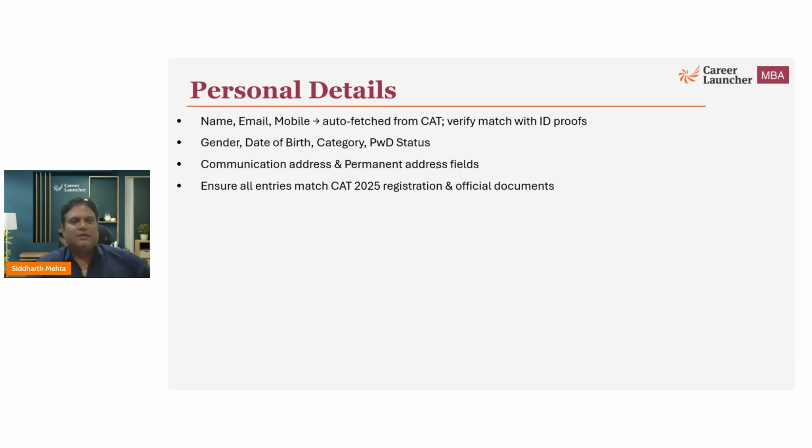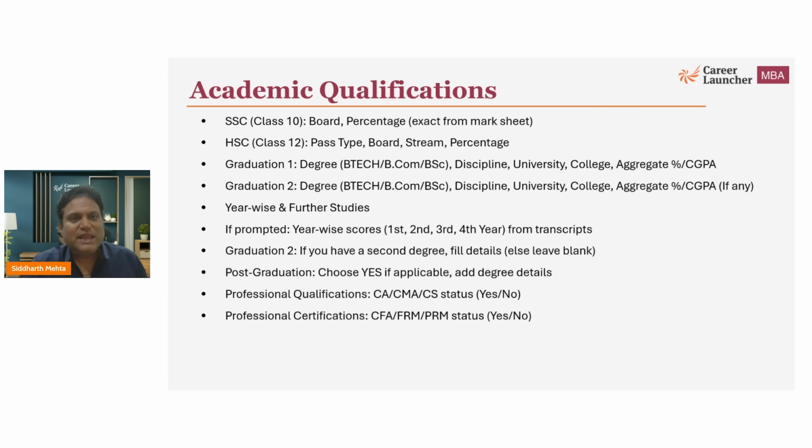Now, personal details, that you have to fill in, but please keep one thing in mind: whatever information you are filling in here should match the information that you have filled up in the CAT form. That is very, very important. So all the documents, all the things that you are going to fill in this form have to be the same as the CAT form.